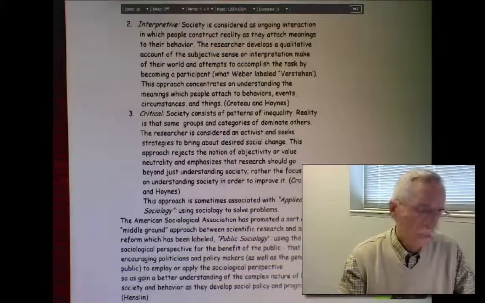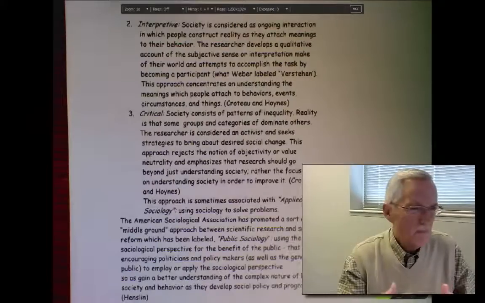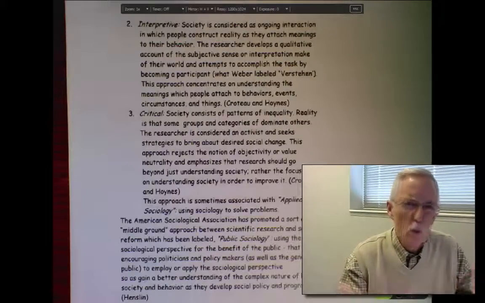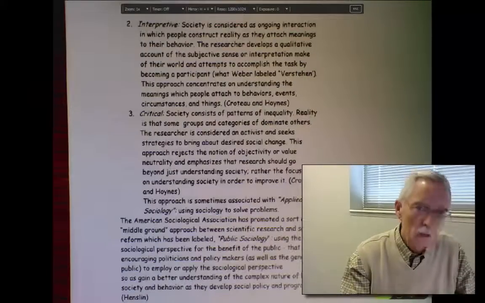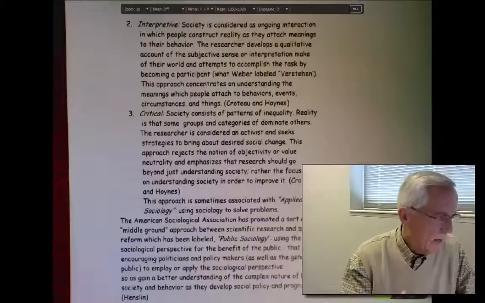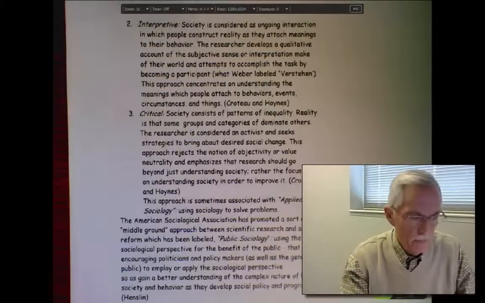On the other hand, the interpretive approach suggests that society is, to a degree, people interpreting what's going on around them through their interactions with one another. People construct, create, define a reality based upon the meanings that they attach to everything.